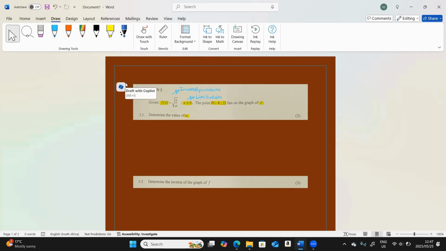To have a as our only unknown, we need to replace y with a value and x with a value, so that only a is unknown, and then we can isolate a and solve for a. So that is our plan.